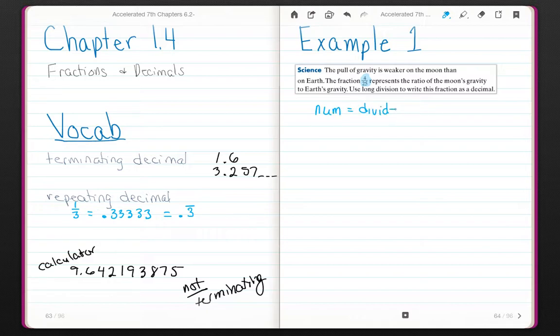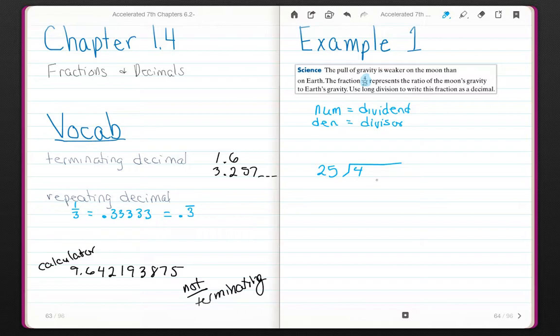It is the number that goes inside. The denominator is the divisor. It is the number you are dividing by. So for example, we have 4 divided by 25.